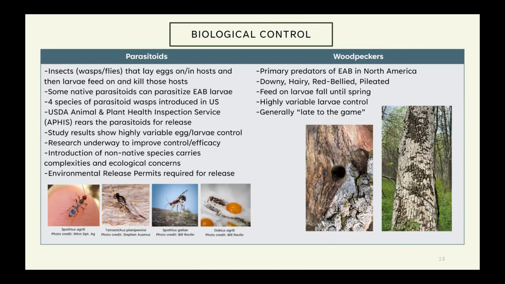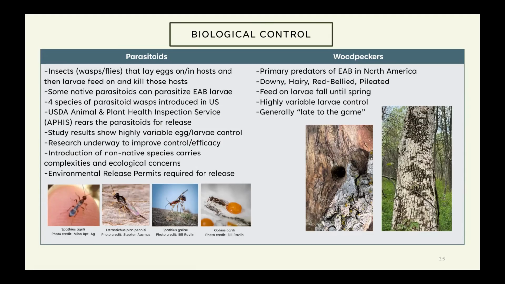There are some native parasitoids that can parasitize EAB larvae, but not necessarily seeking them out exclusively. There have been 4 species of parasitoid wasps introduced into the United States through USDA Animal and Plant Health Inspection Service, APHIS.